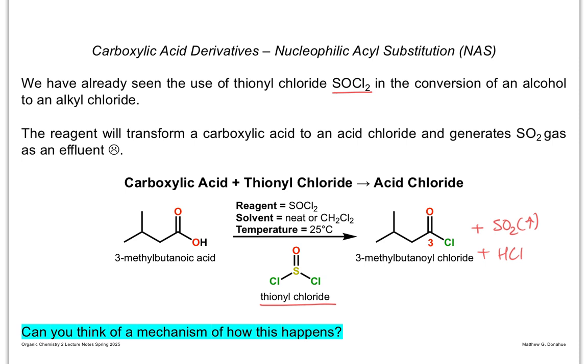So overall, acid, thionyl chloride, acid chloride, and then how does it happen? As I said, we have to account for all the other atoms involved. So it generates SO2 gas and then HCl. So when you run these, you have to put an effluent scrubber on the reaction vessel that neutralizes these things so it doesn't corrode anything it comes into contact with.